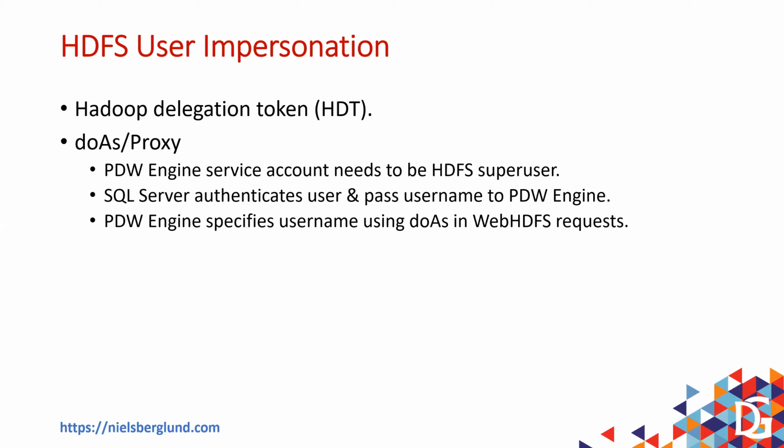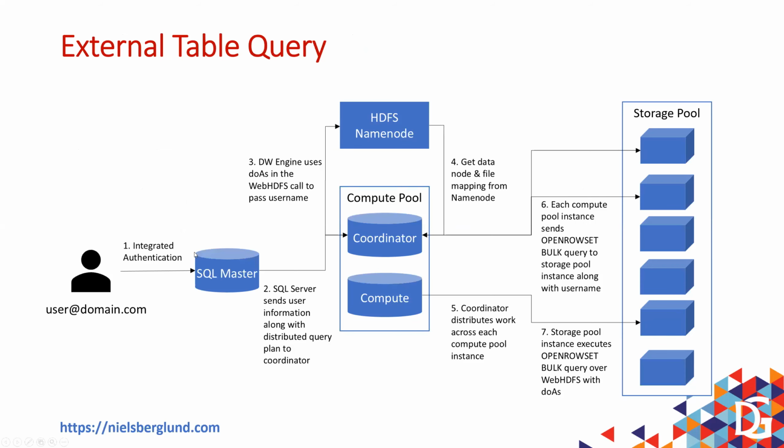And in the big data cluster, we're using DoAs as impersonation. And when we're coming down to here, we can now see what happens: my user authenticates against SQL. We are sending user information along with the distributed query to the coordinator in the compute pool, and then the data warehouse, the PWD.